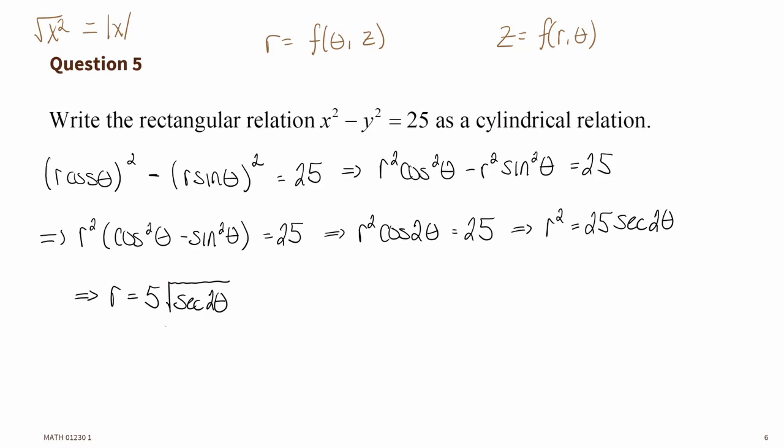R squared has to be what? Positive, right? 25, is that a positive number? That means secant's going to have to be positive, otherwise you'll get a negative number. Positive times negative is negative. And then you can't have r squared being negative.